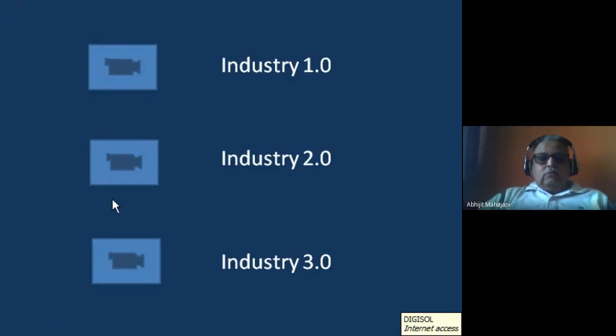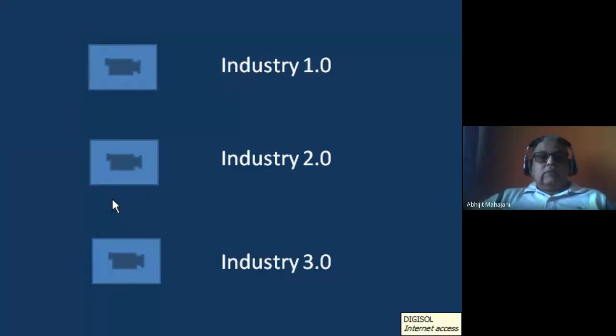Now, after this came Industry 3.0, the third revolution. The third revolution is again a technical thing, and it was marked by the advent of advancements in the electronics industry, when things started converting from valves to transistors and transistors to ICs.